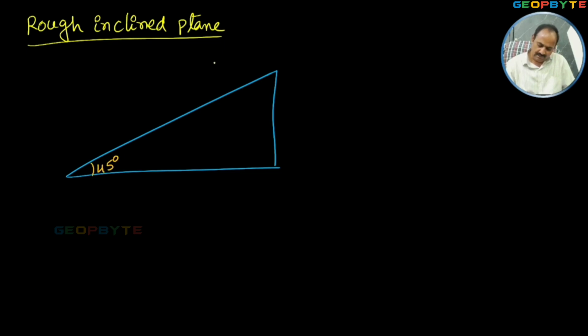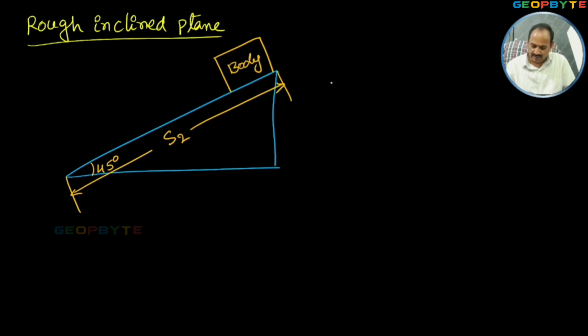Let us keep the object. Now the distance traveled by the object is S2. That S2 equals S1. Identical inclined plane means the length of the inclined plane remains the same. S2 equals S1.